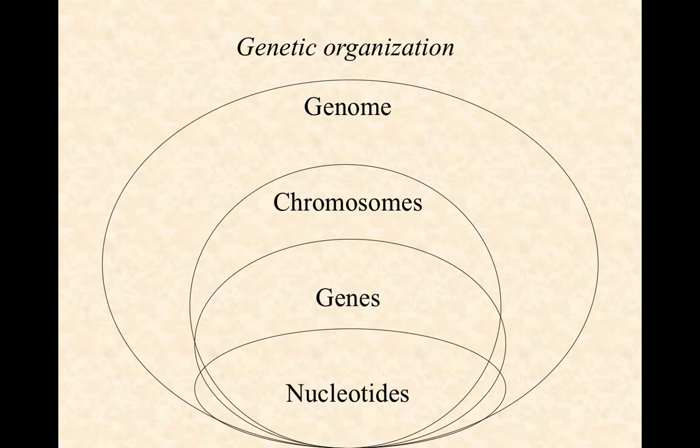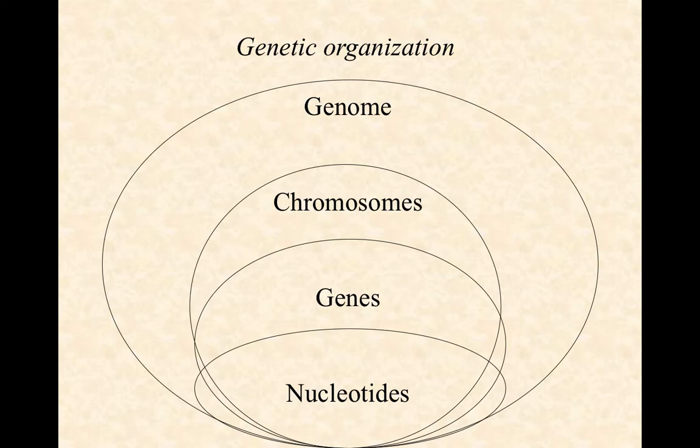When we use the term chromosomes, we're talking about an individual molecule of DNA that is discrete and distinct from other potential molecules of DNA and that has multiple genes coded on it. So what do we mean by genes then? A gene refers to a single unit of DNA from an informational standpoint.